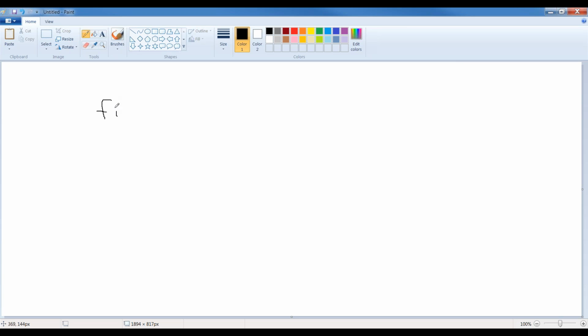Let's say I say, find the domain of, let's say, 1 over x plus 3 minus 7 over x minus 2, whatever it is. And I ask you, find the domain of that.